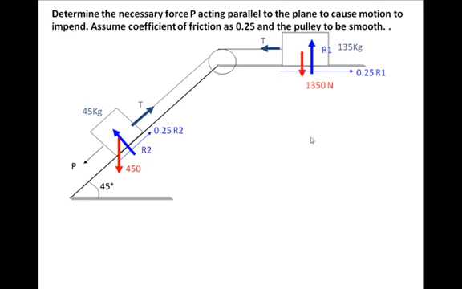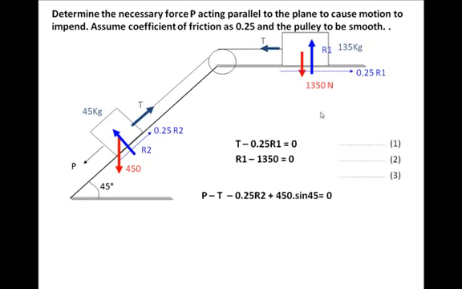Then in this case, all you have to do is write sigma Fx, sigma Fy for each of them. So I write for this one, T minus 0.25 R1 is 0 and R1 minus 1350 is 0, telling me the values of R1 and T. But before that, let's write this equation.